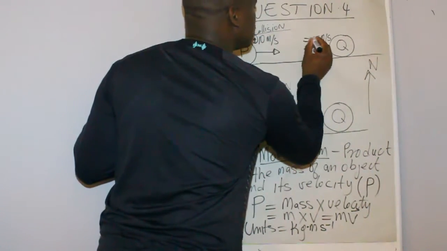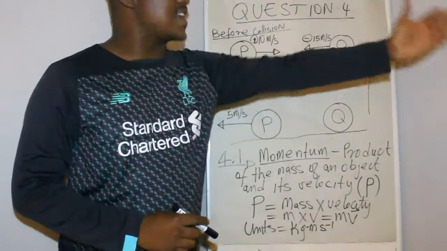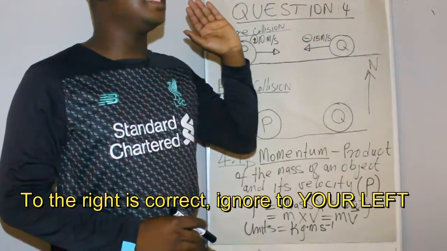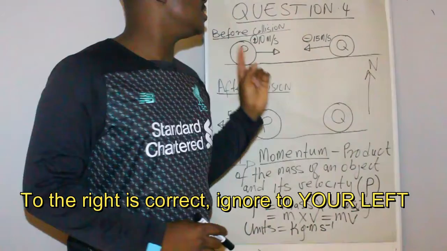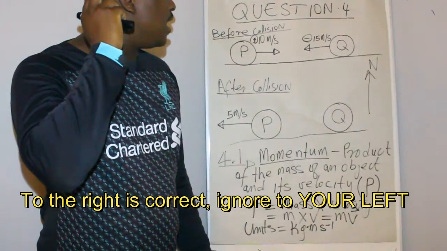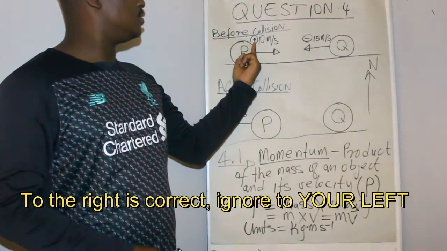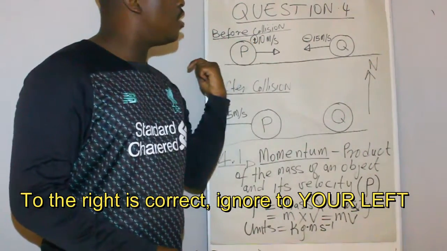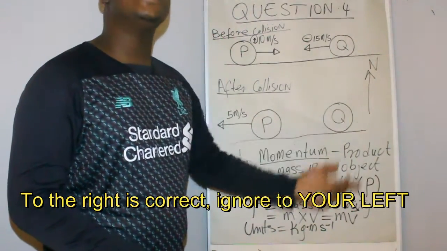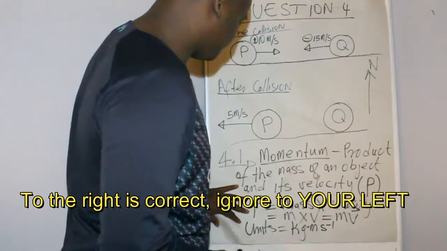I'm taking that one to be negative. So everything that is moving to the right, or in this case to your left, which is to the east, has a positive sign. Everything that is moving west, according to this, has a negative sign. So that's what I'm going to do. So let's go there.